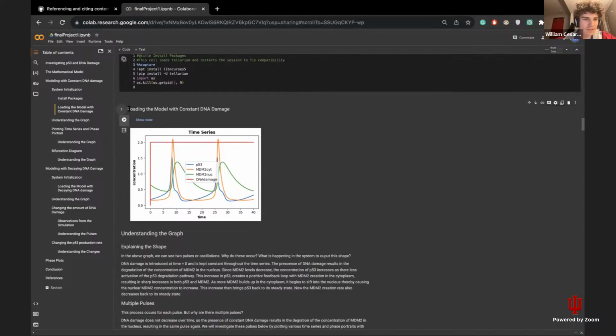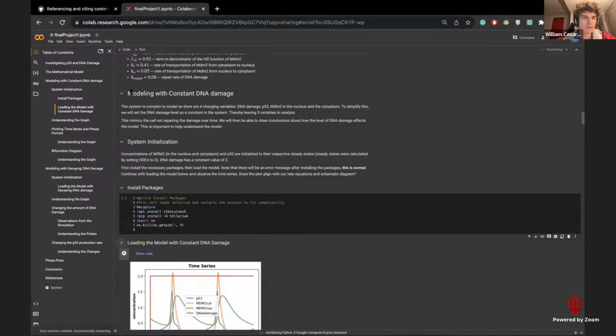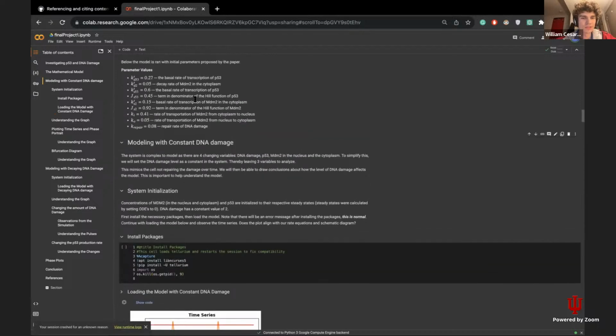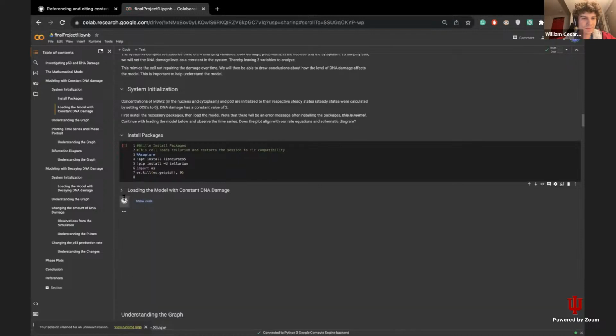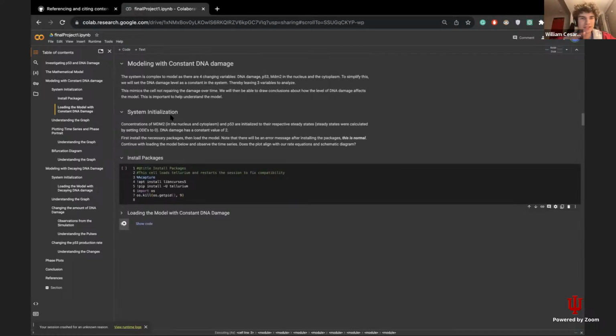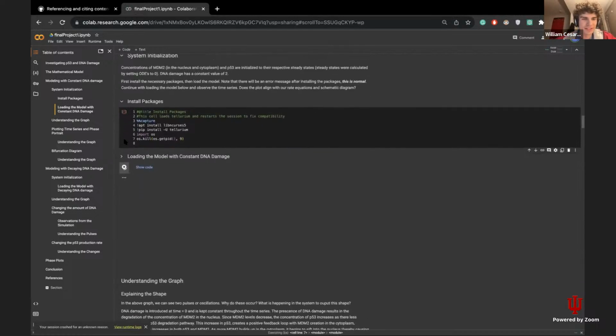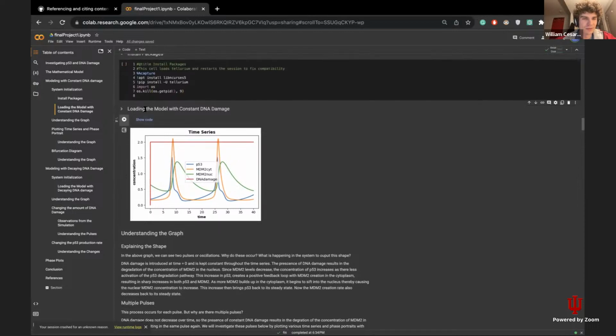Once this installs, the big change, thanks to James, was modeling with constant DNA damage. The initial model had that linear decay of DNA damage, but this just added another variable that we had to work with.